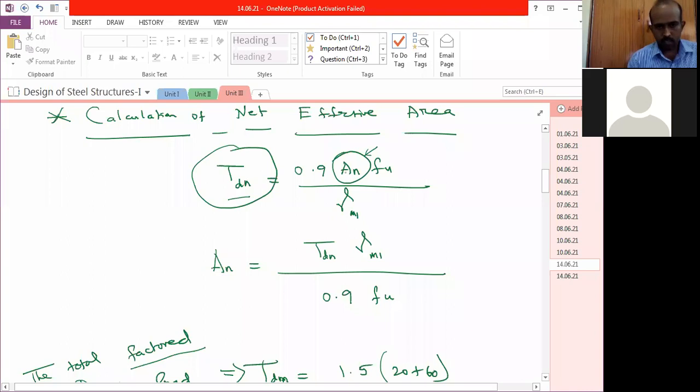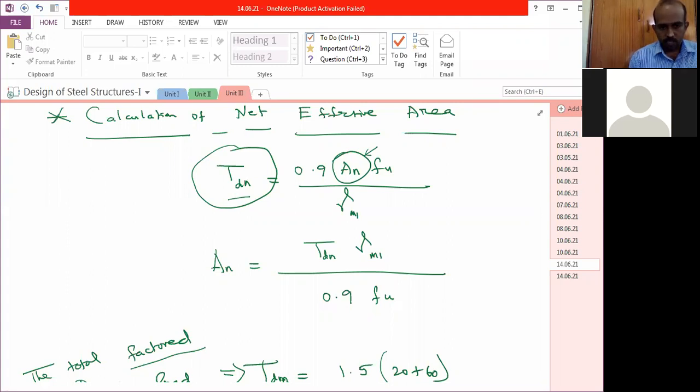We have to calculate how much strength a particular member or connection can carry. That is the first type of problem. In the second type, the load will be given and you have to calculate the area. Based on the area, you select some section and check whether the load carrying capacity is greater than the design load. You understand what I'm saying?